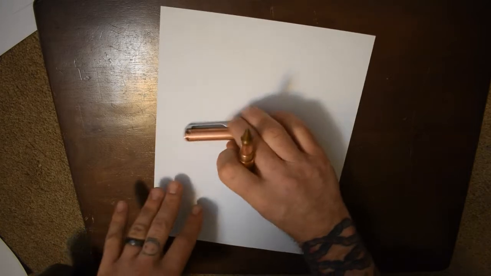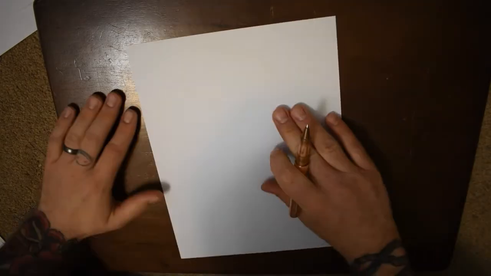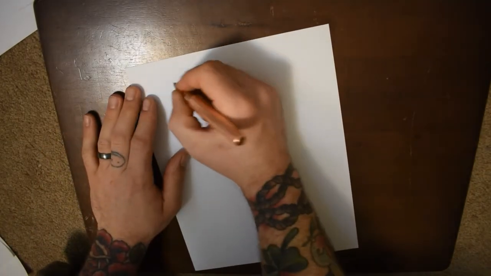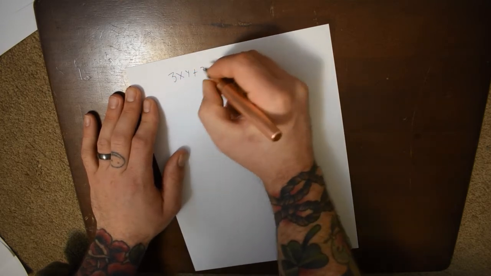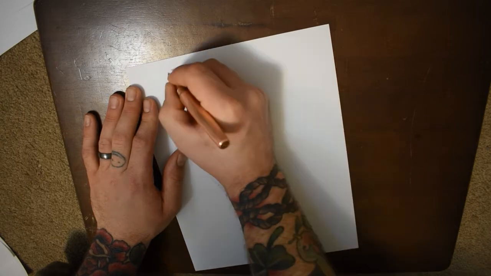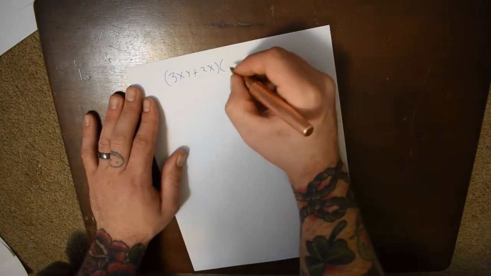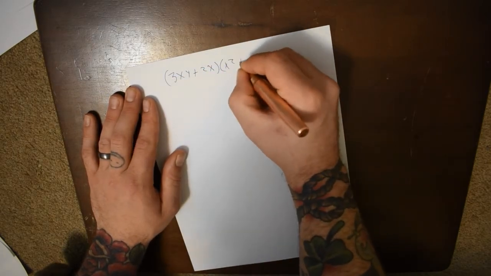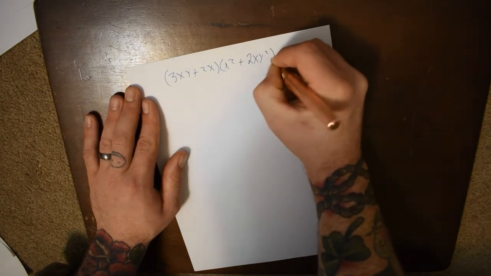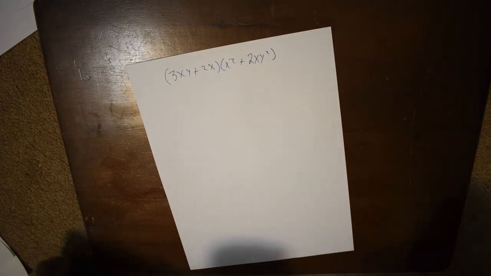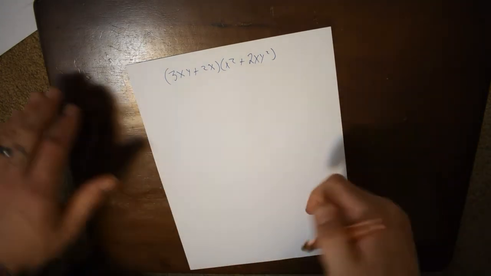So let's use FOIL. Let's do something a little bit better. Let's multiply 3xy plus 2x times x squared plus 2xy squared. And so we're not going to arrange these in two columns.